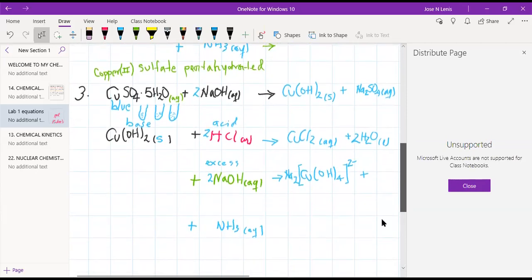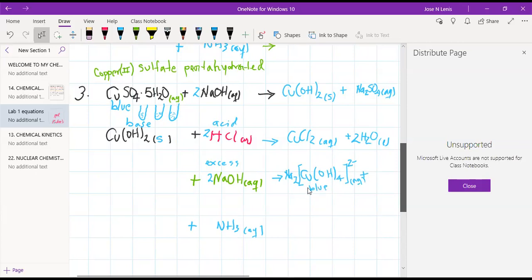Okay. And slightly soluble. Aqueous. And this one forms blue color.